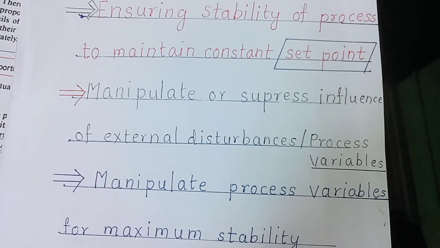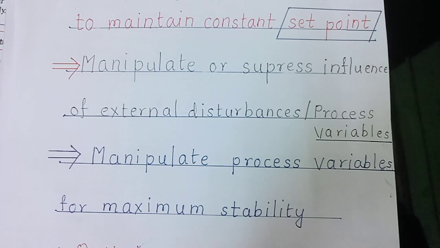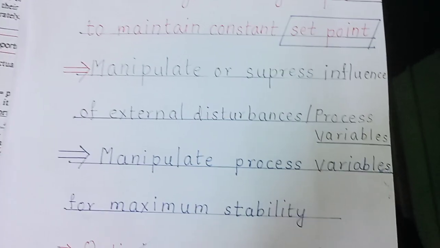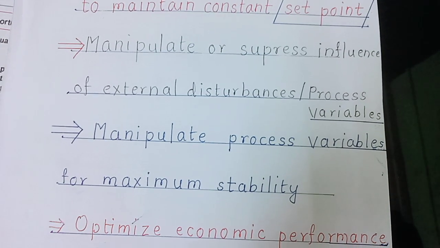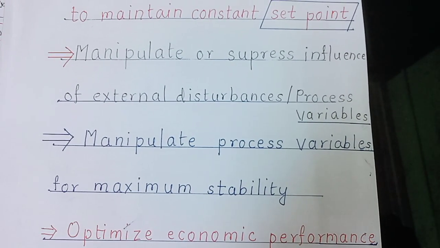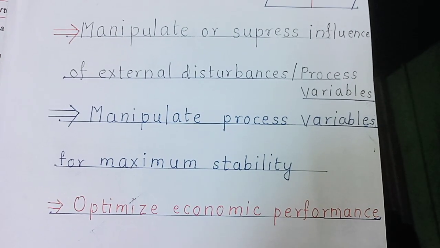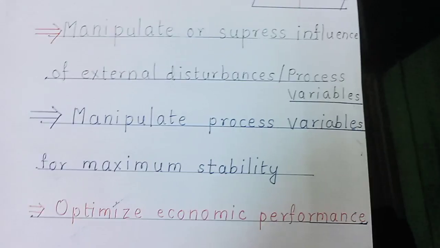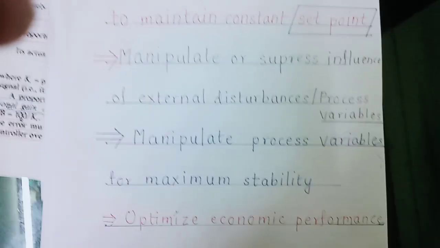The main objective is to maintain the set point value at a fixed point. Second is to suppress the influence of external disturbances or process variables. Next is to manipulate process variables for maximum stability and optimize the economic performance.